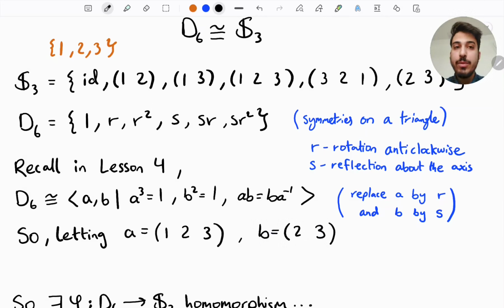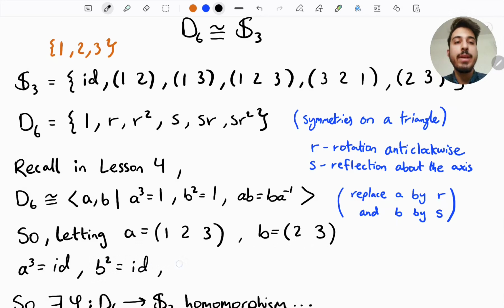Okay, now it's time to verify that A and B satisfy the relations for the generators of the group that is isomorphic to D6. So A cubed, because this is an order 3 element, if we take the cube of that, we'll get the identity. So that's verified. B squared, likewise, because it's a 2 cycle.